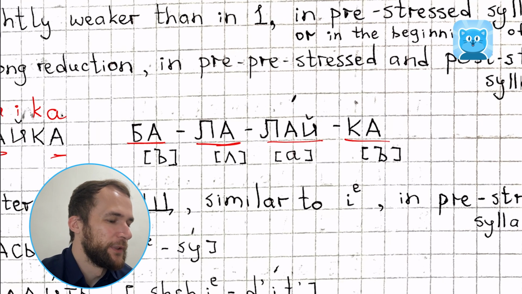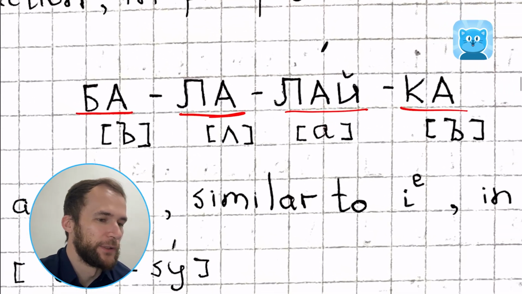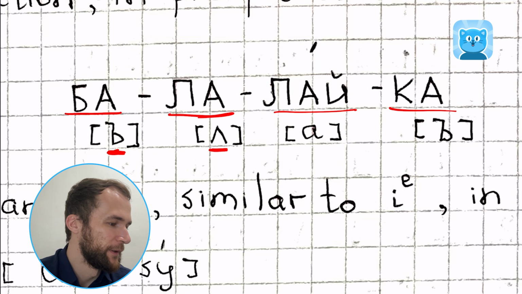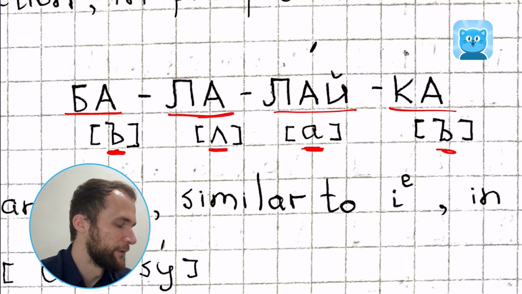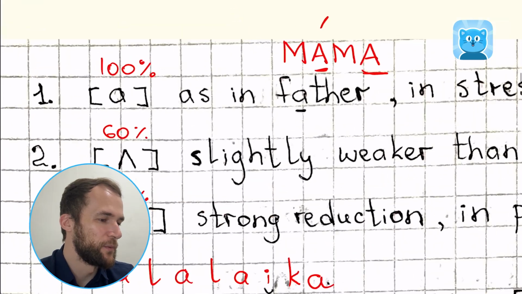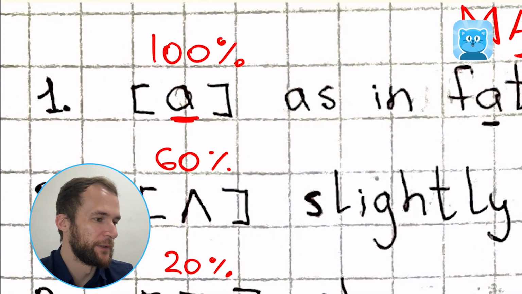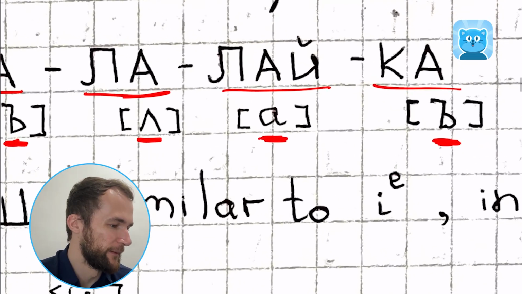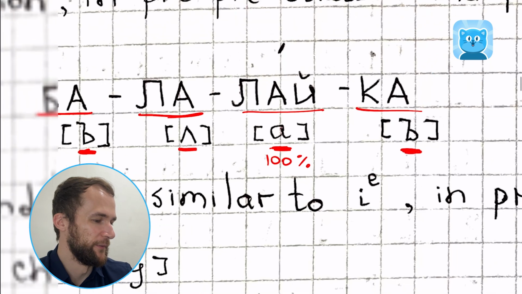Now, if you look here, let's take a look at this one. You see this, this, and this. If we go back here, then you see this one is 100% energy. And this is a stressed or emphasized one.